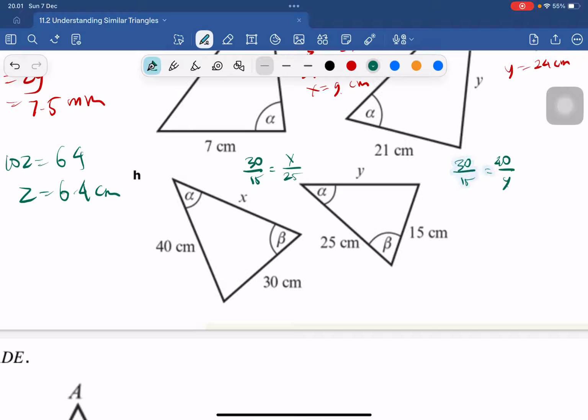Okay, we could simplify by 5, so it's going to be 6 over 3, we can divide it directly, 2 equal to x over 25. So x equal to 2 times 25, which is 50 centimeters. Next here, 2 equal to 40 over y. So y equal to 40 over 2. So y equal to 20 centimeters.